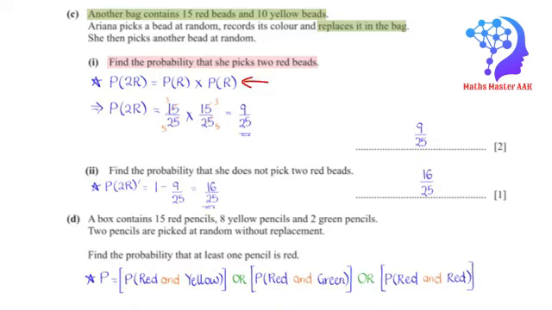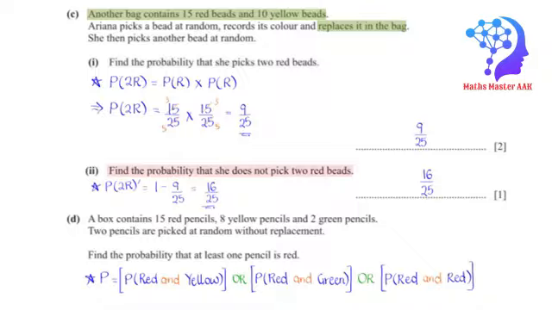The probability that the first bead she picks is red is equal to the total number of red beads, which is 15, divided by the total number of beads, which is 15 plus 10, and 15 plus 10 is 25. After picking her first bead, she replaces it in the bag, and so the probability that she's going to pick a red bead again is equal to 15 over 25. 15 over 25 times 15 over 25 gives us 9 over 25.